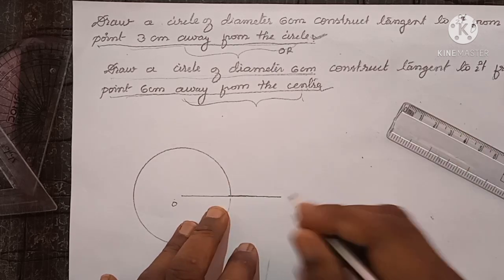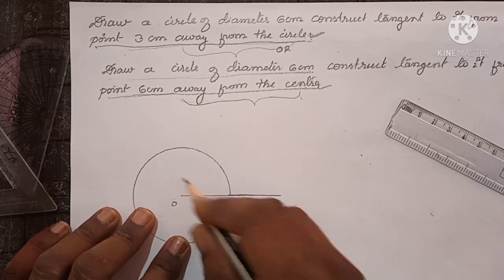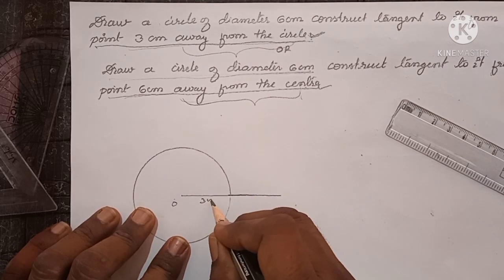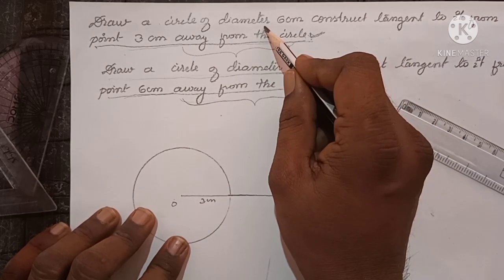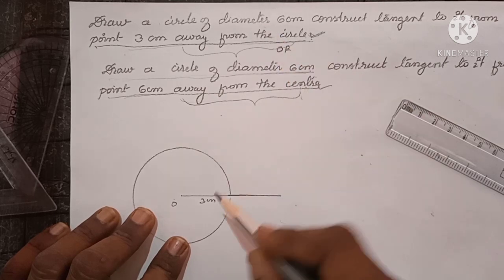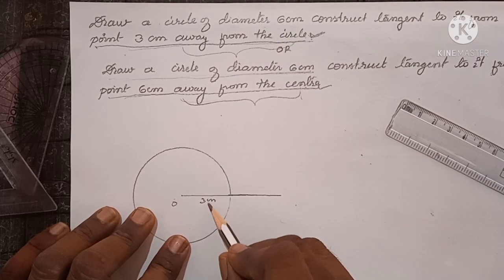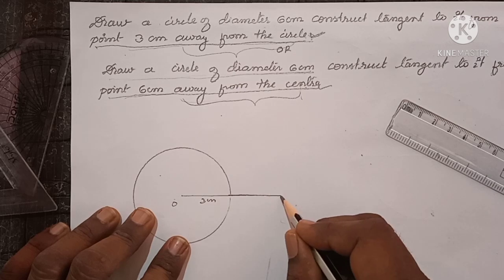The circle's radius is 3 centimeters, because the diameter is 6 centimeters, and half of it becomes the radius.